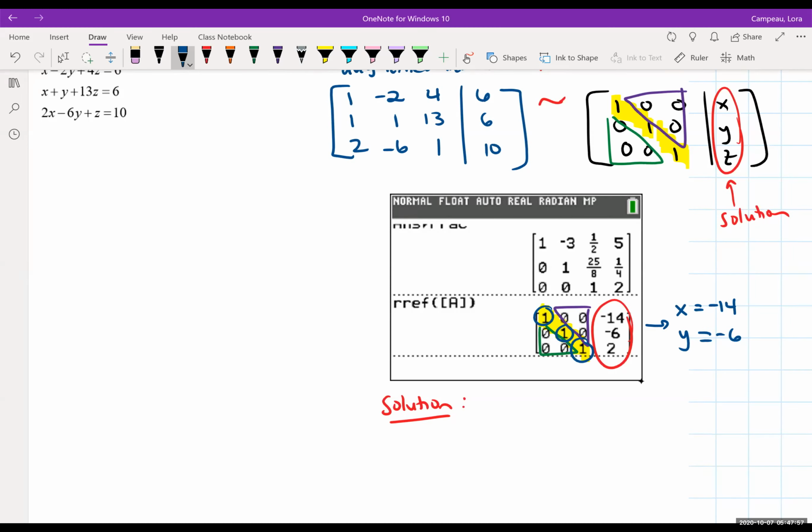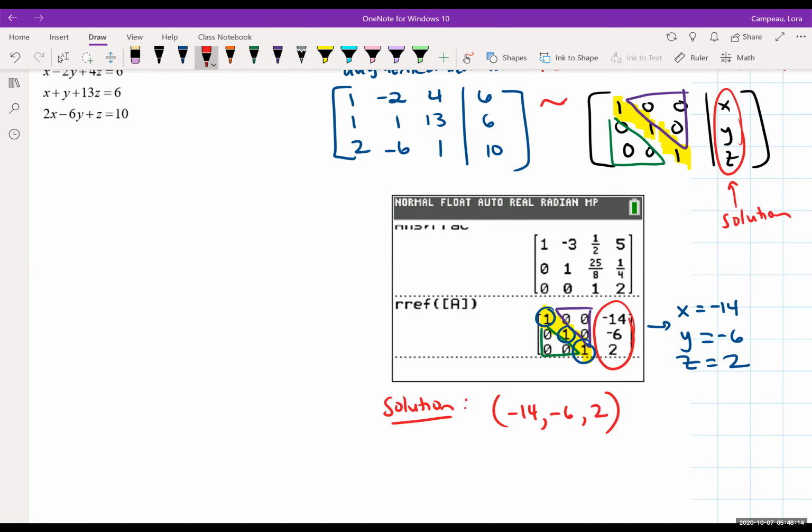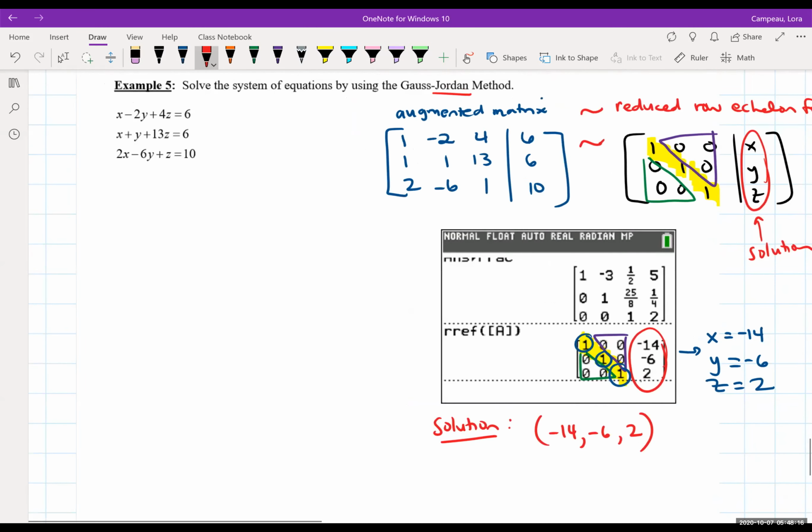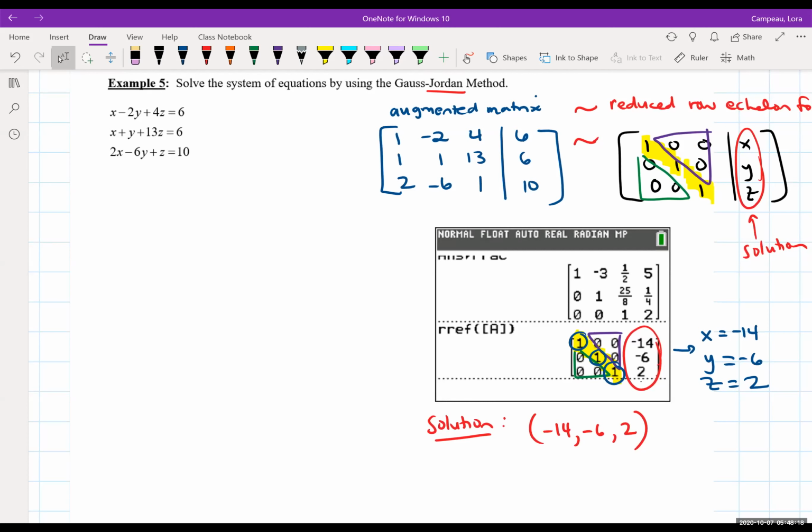And in the third row, the leading one is in the z position, so z equals 2. So if we were to write this as an ordered triple, we would see negative 14, negative 6, and 2. So that is the quickest way to solve this linear system of equations, at least if you have the TI on hand. It's really, really nice.